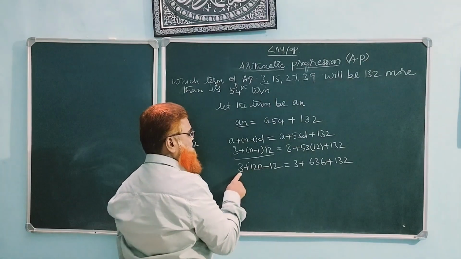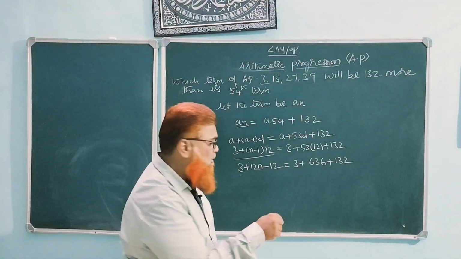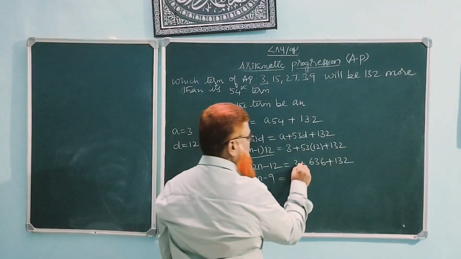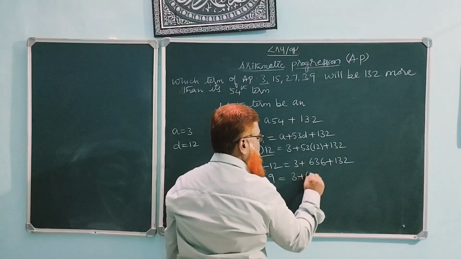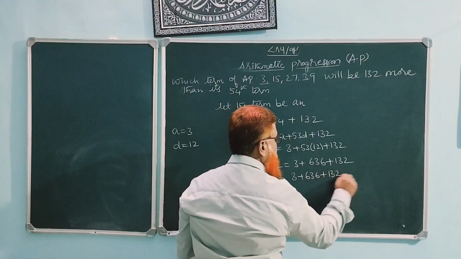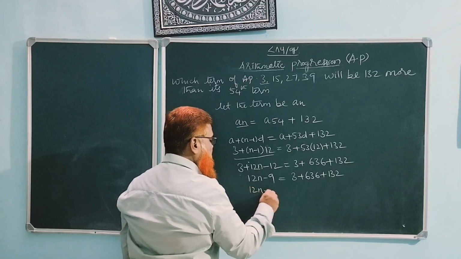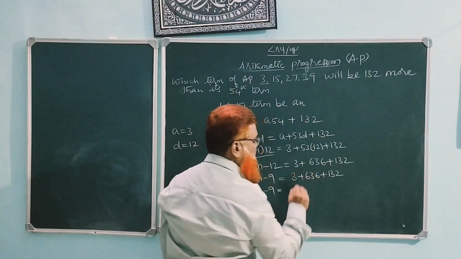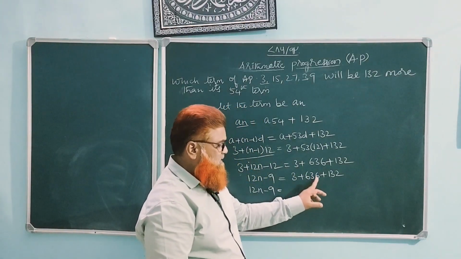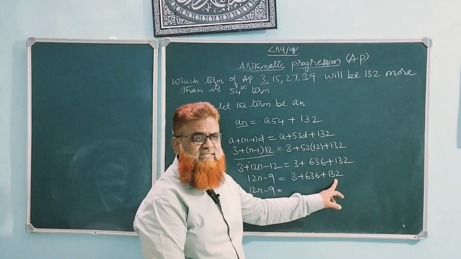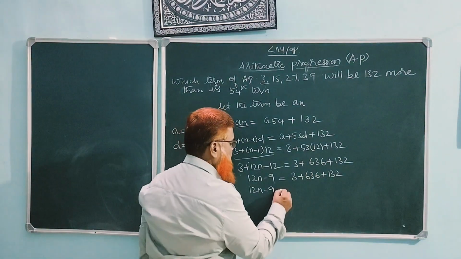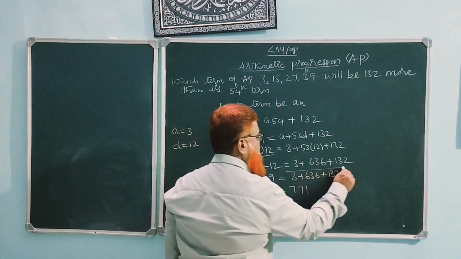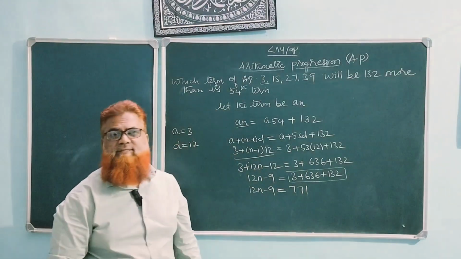Here we have the two constant terms 3 minus 12. 12n minus 9 is equal to 3 plus 636 plus 132. Make the sum of all these: 3 plus 636 is 639, 639 plus 132 is 771. The sum of all these three terms is equal to 771.